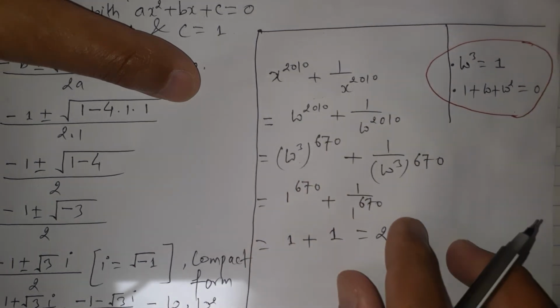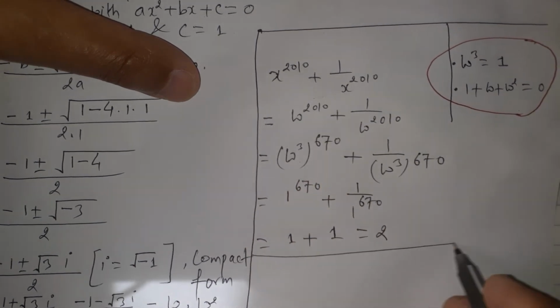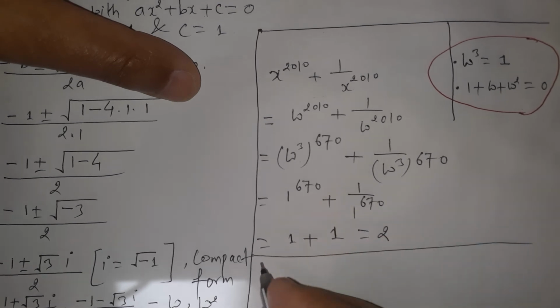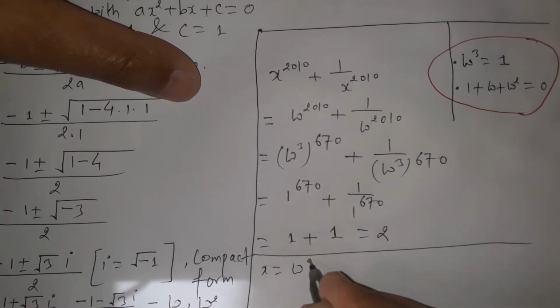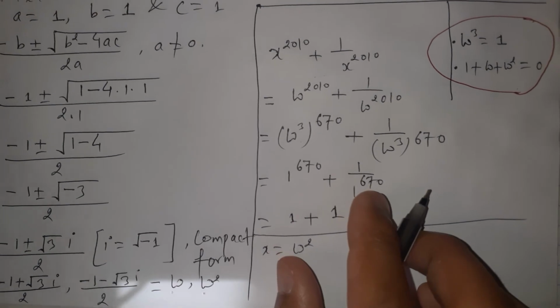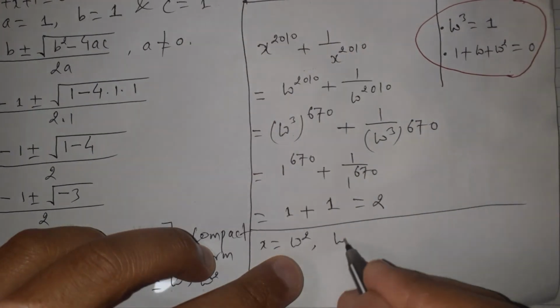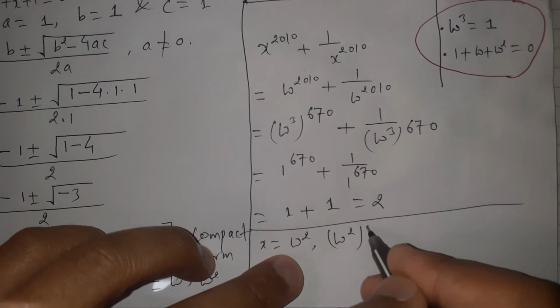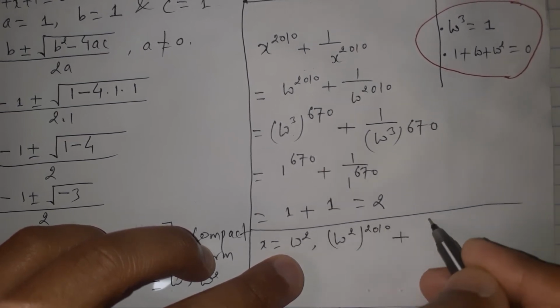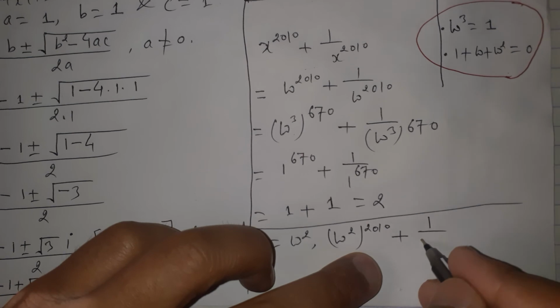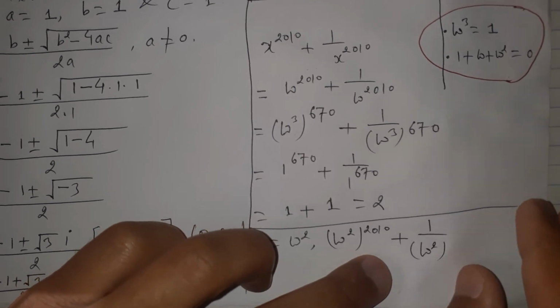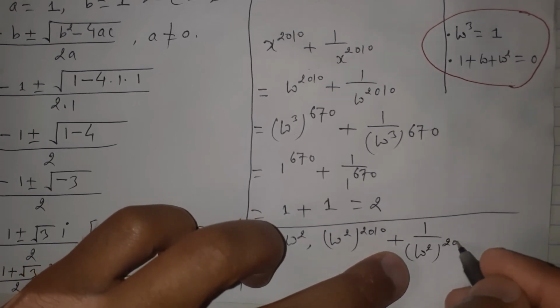Now it is the turn of the next value of x. Putting the value of x as omega square, the expression becomes omega square raised to the power 2010 plus 1 over omega square raised to the power 2010.